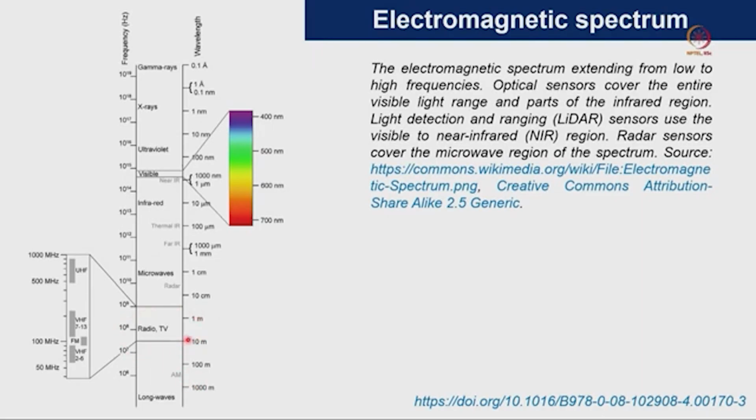Mostly radio frequency, which is what we talk about with FM, has wavelength within the range of 10 meters to 1 meter, and after that comes the microwave.